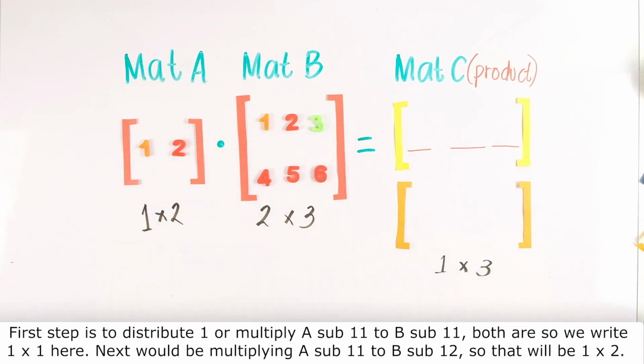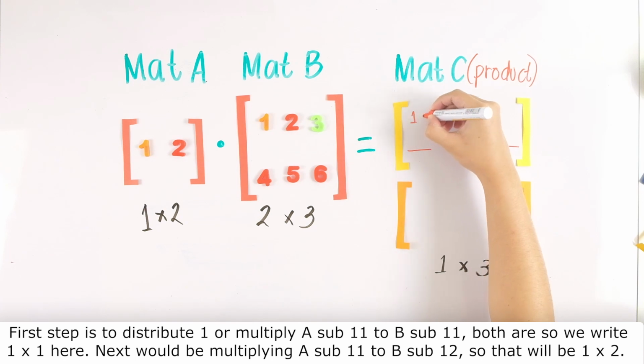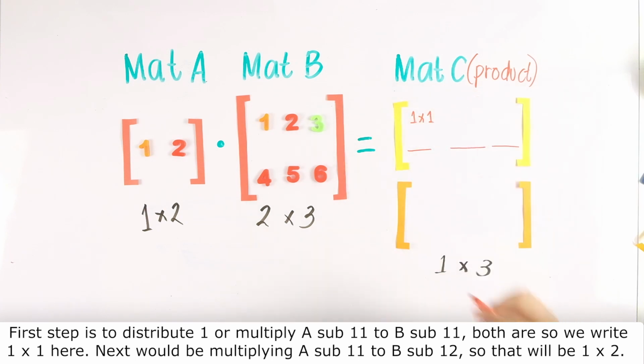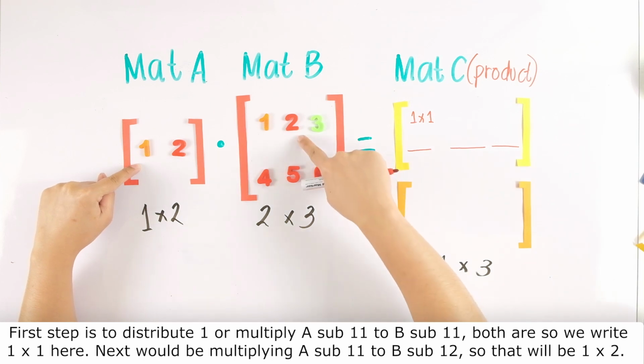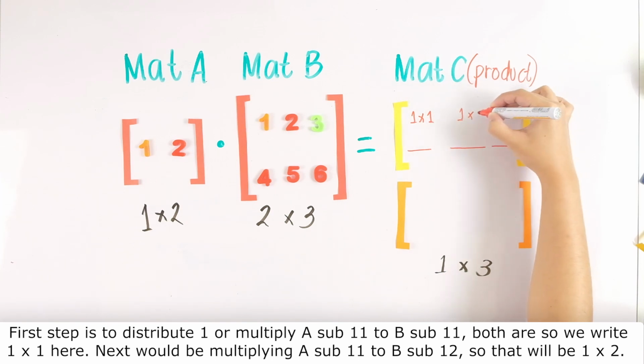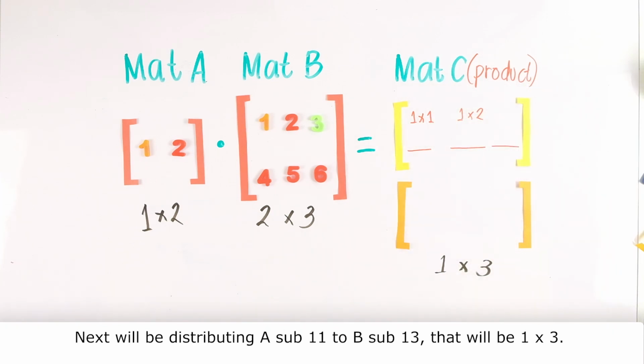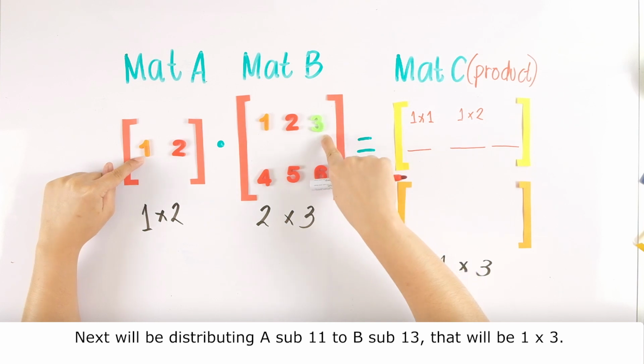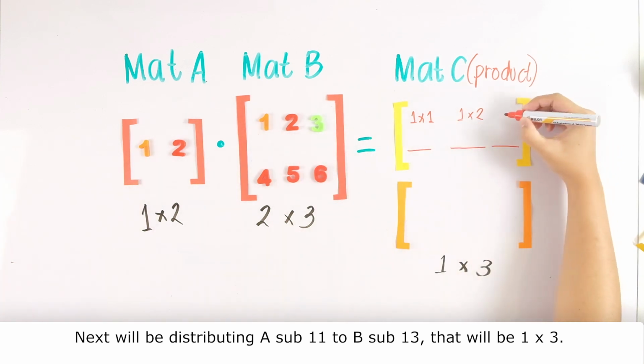Both are 1, so we write 1 times 1 here. Next would be multiplying A sub 1,1 to B sub 1,2. So that will be 1 times 2. Next will be distributing A sub 1,1 to B sub 1,3. That will be 1 times 3.